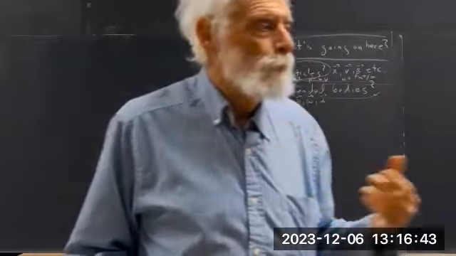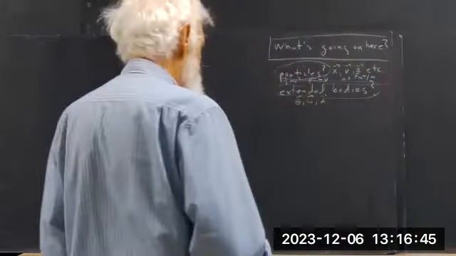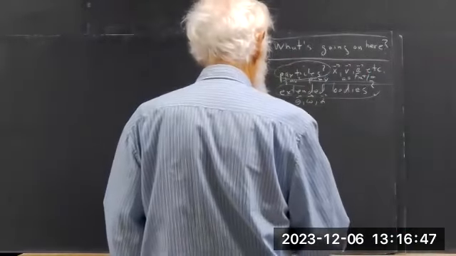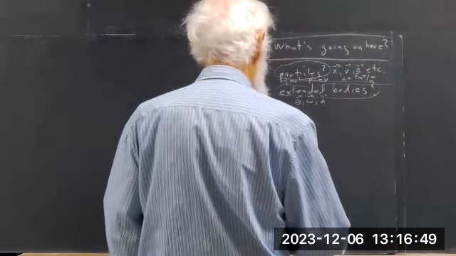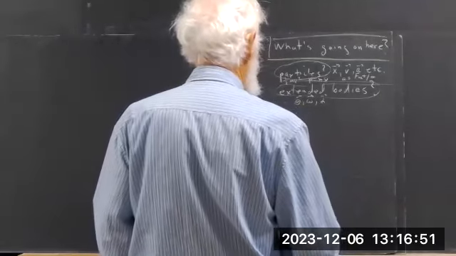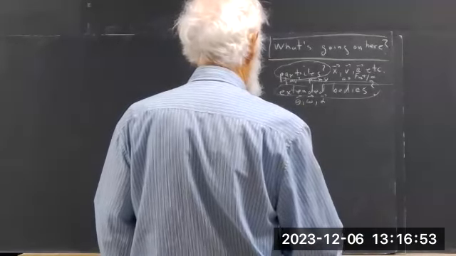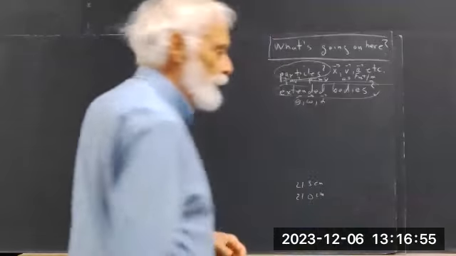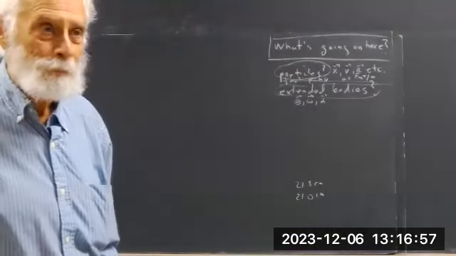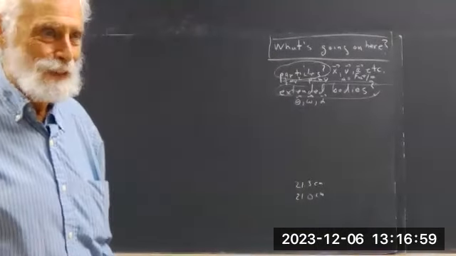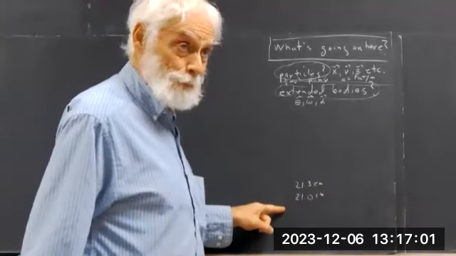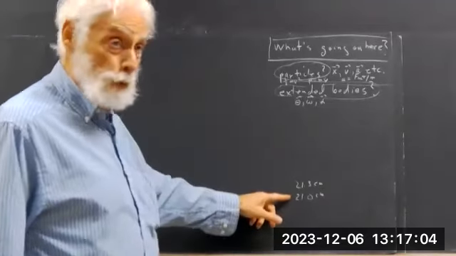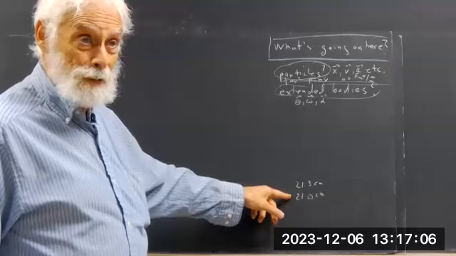And the positions went from 21.3 centimeters to 21.0 centimeters, but I had the meter stick upside down. So that's what I measured. Now in lab, we write down what we observe.